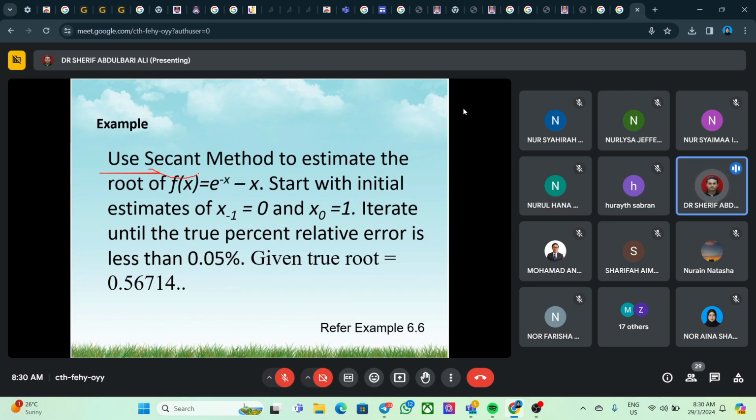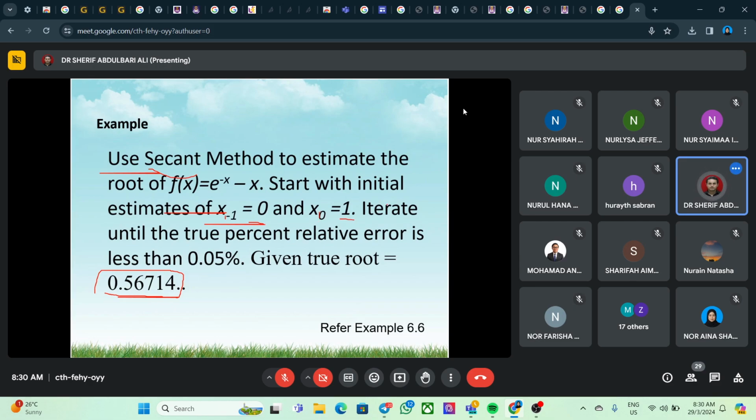Within 2 or 3 iterations, we are going to achieve a value near the true value. The difference is that we are going to have two initial values, xi minus 1 backward and xi initial. So we have two initial values, 0 and 1.